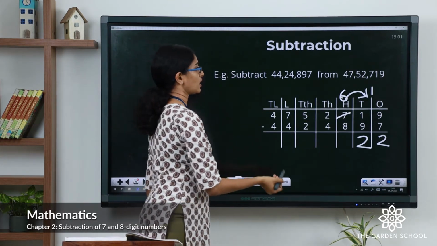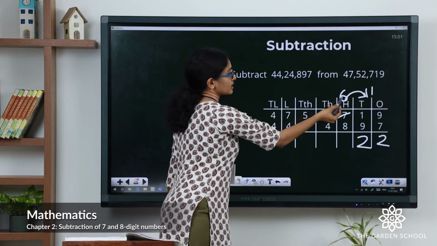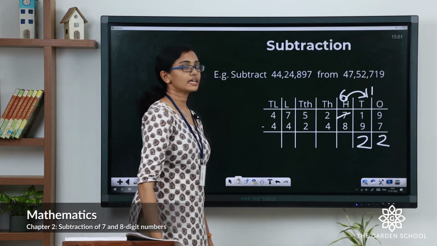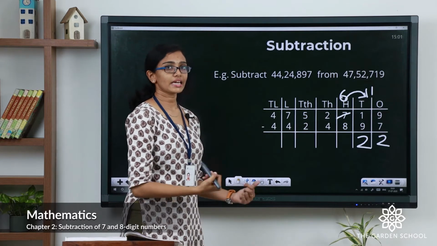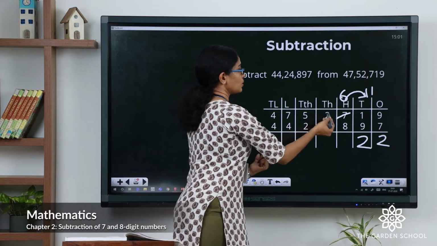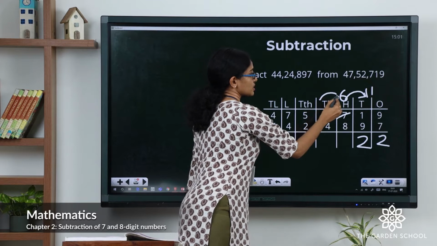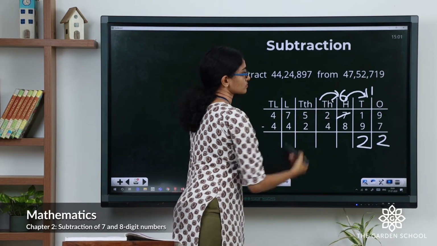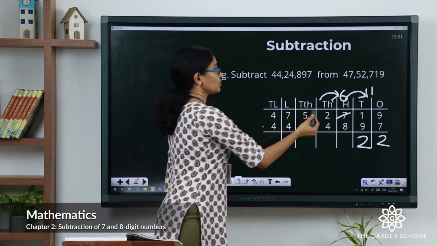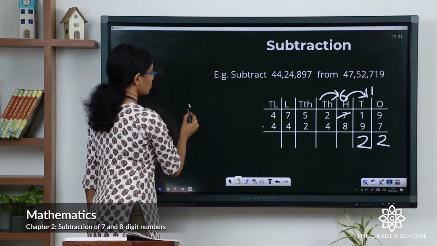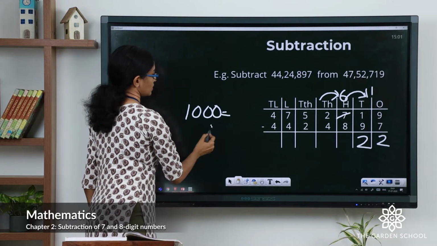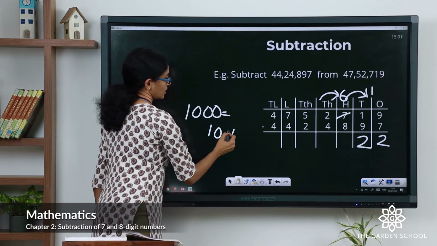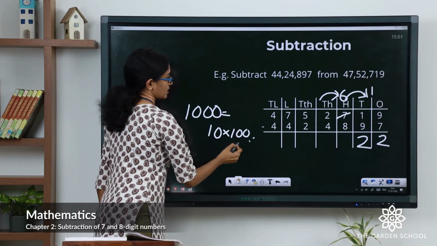Clear? Now, what do we do here? You have 600 and 800. You cannot take away 8 from 6. So, again, we borrow 1000 from the thousands place to the hundreds place. 1000 we know is equal to 10 hundreds.